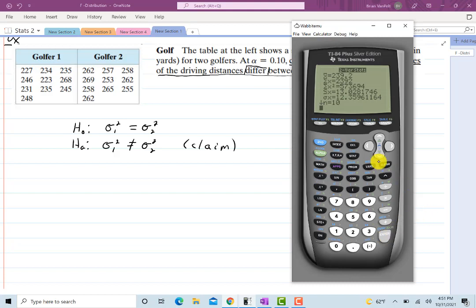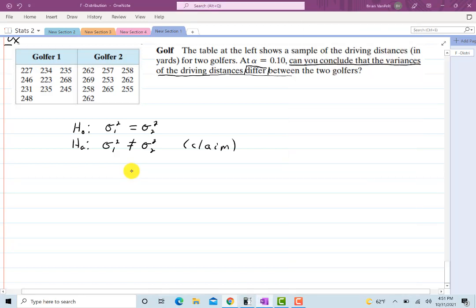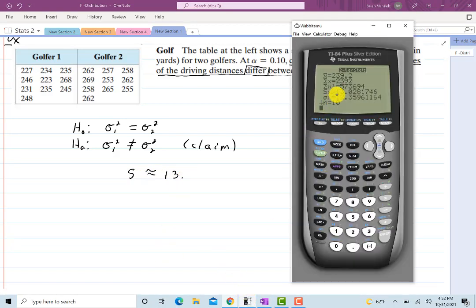And first it will give you X. All I really do care about is S sub X, which is 13.0282. So we'll call it S is approximately 13.0282.